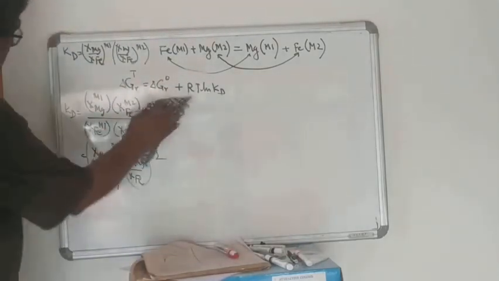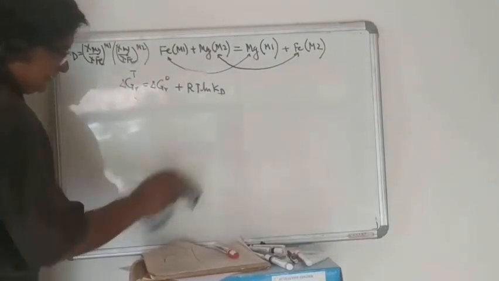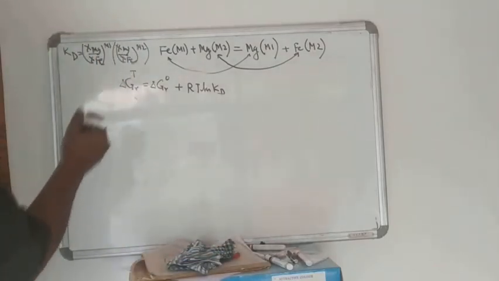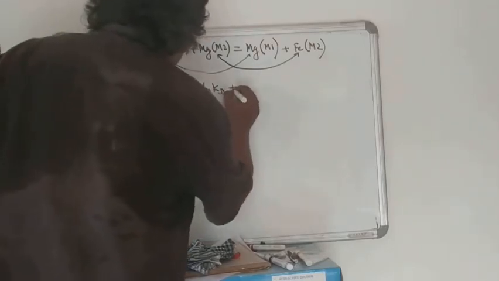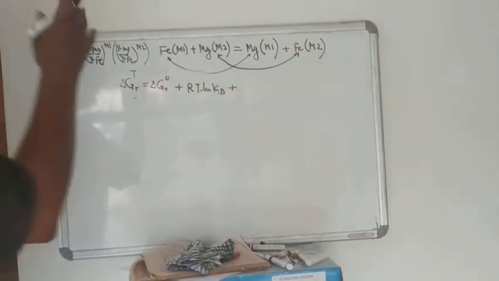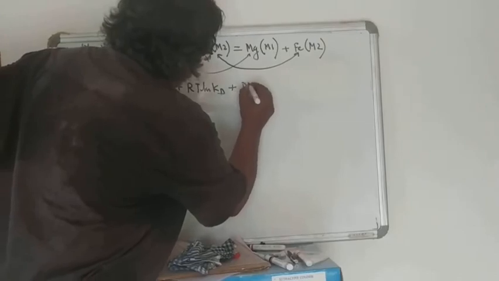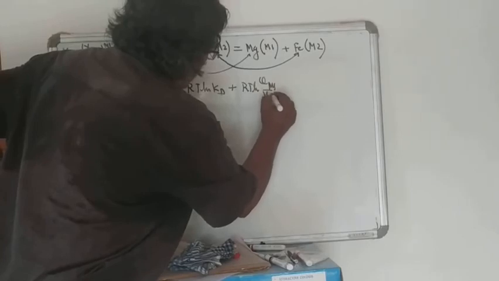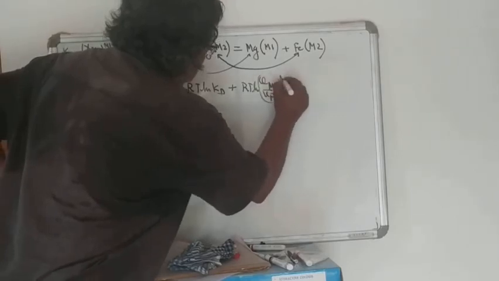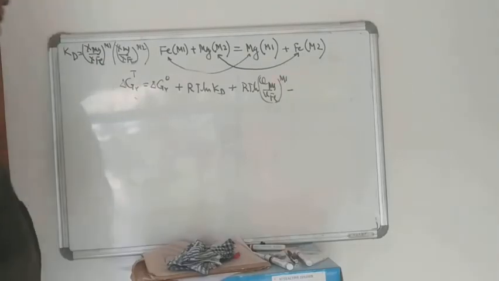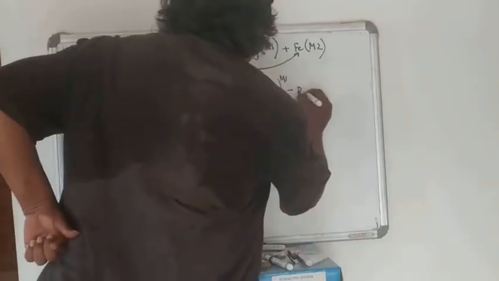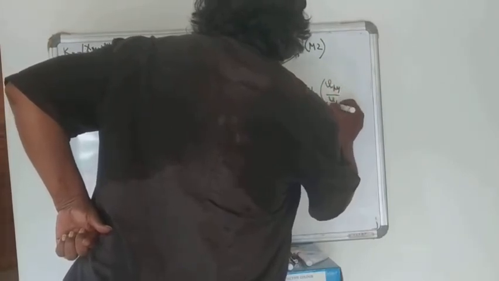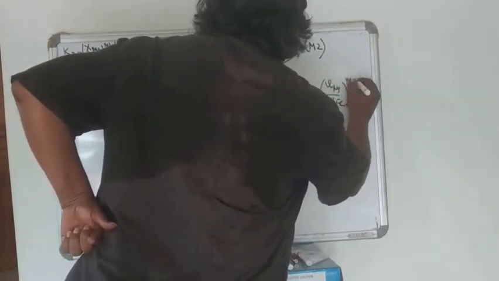So now I erase this part. And this is RT ln KD plus now you have RT ln gamma Mg by gamma Fe M1 minus RT ln gamma Mg by gamma Fe M2.